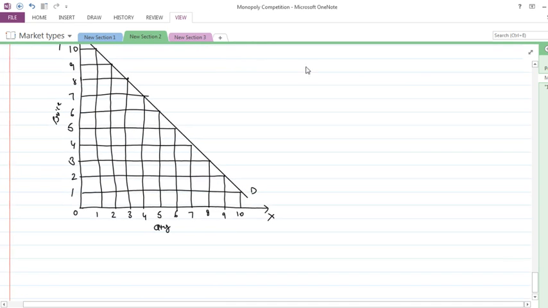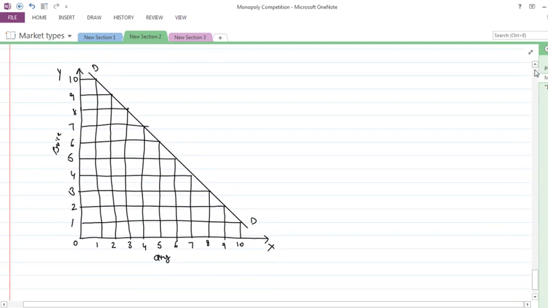At price 10, the buyer is willing to purchase 1 unit of good. At 9, he is willing to purchase 2 units of goods. At 8, he would be willing to purchase 3 units of goods, and so on and so forth.